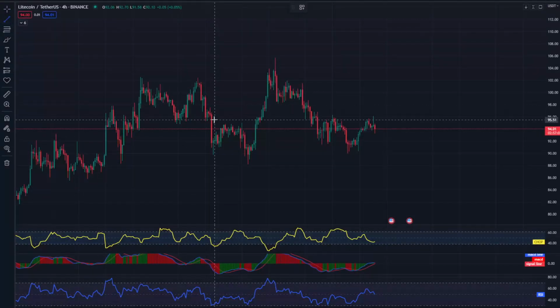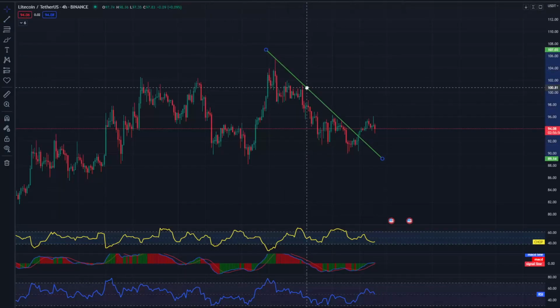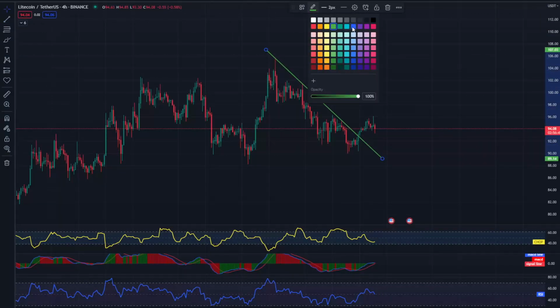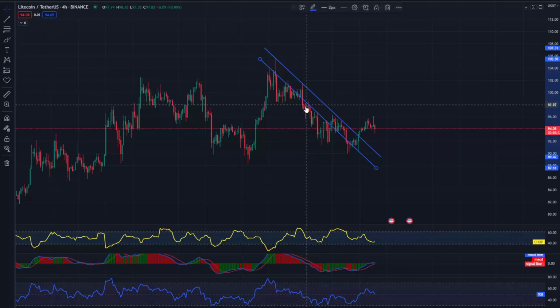As the third, we will check the LTC chart for 4 hours. As we can see, the price came out of the local descending trend, which we marked with blue lines.